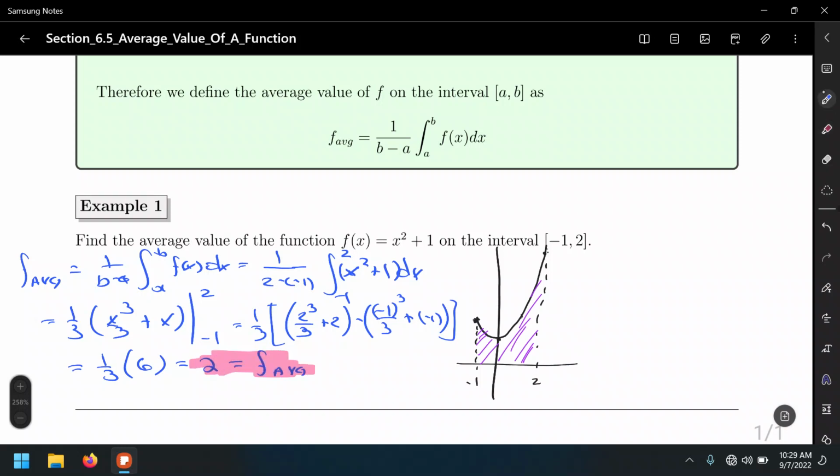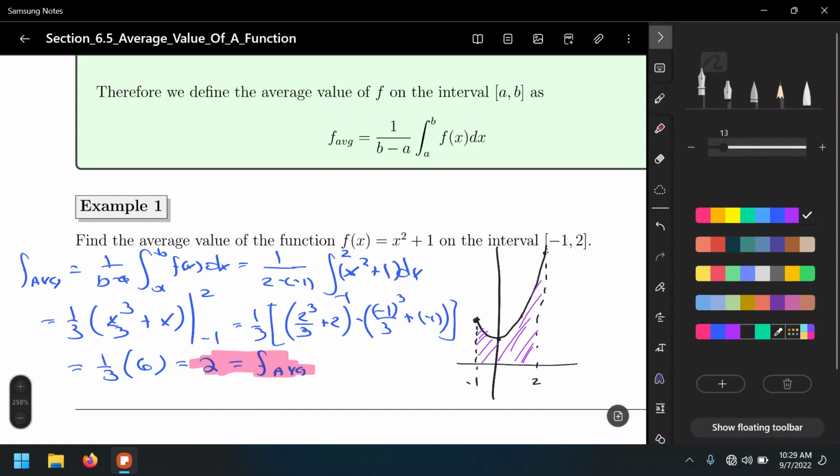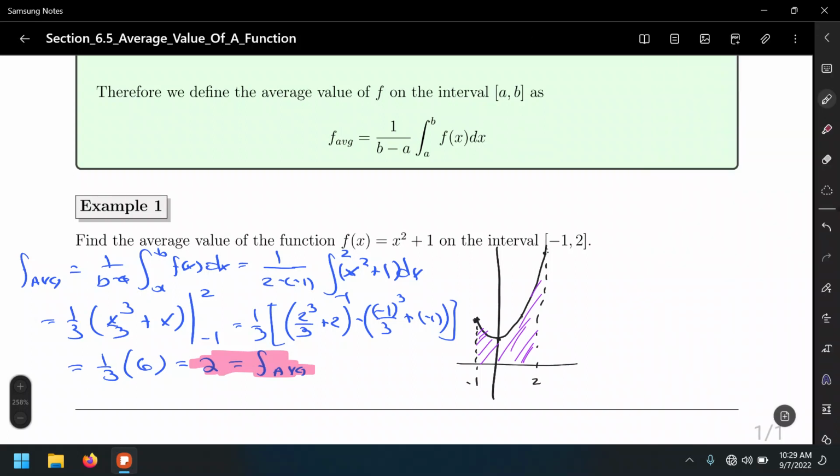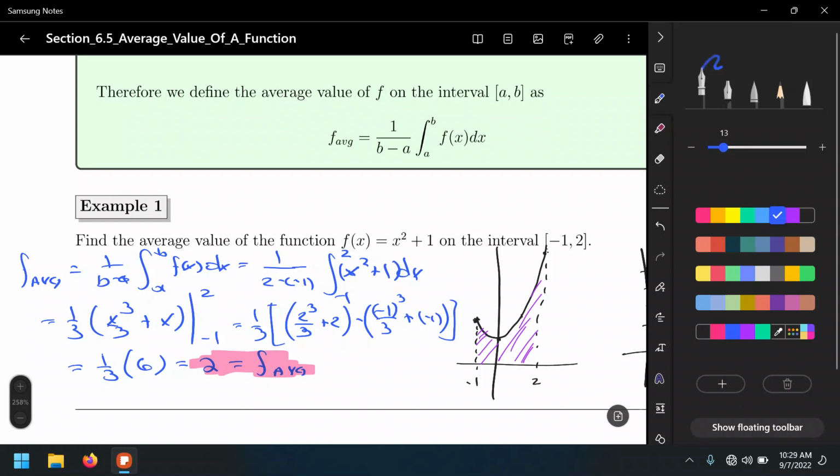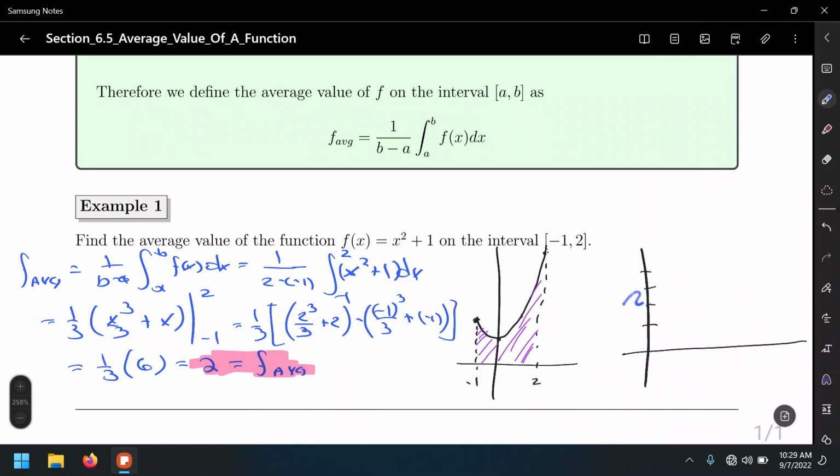I'm going to create another Cartesian plane here and graph that f average, which is 2, from -1 to 2.